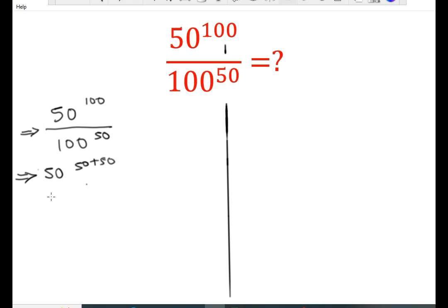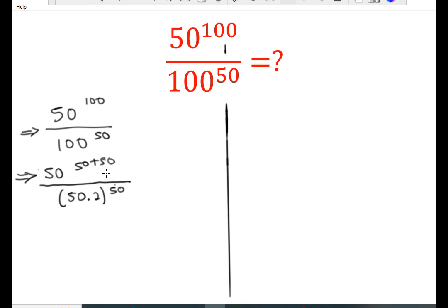We haven't changed anything, it's still 100. Now 100, we're going to write as 50 times 2, which is still 100. Here we've just simplified, guys, and nothing special.